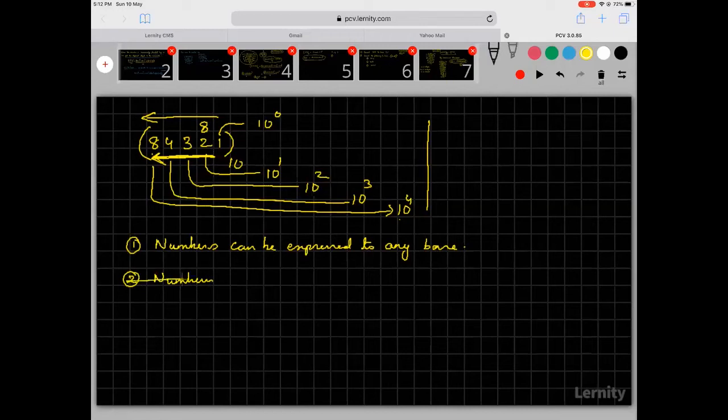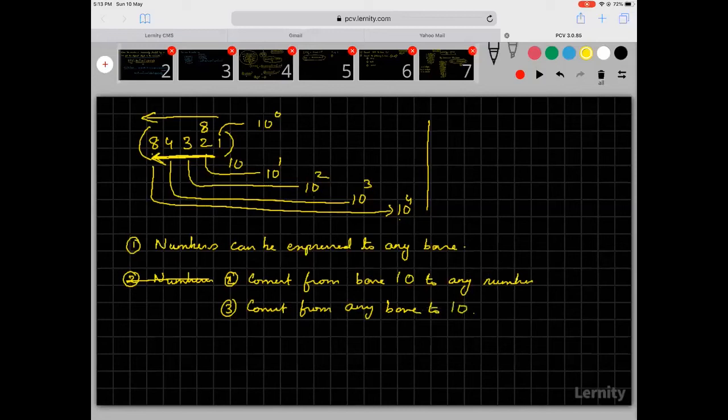Then you should have learned how to convert from base 10 to any base. Then 3, convert from any base to 10.